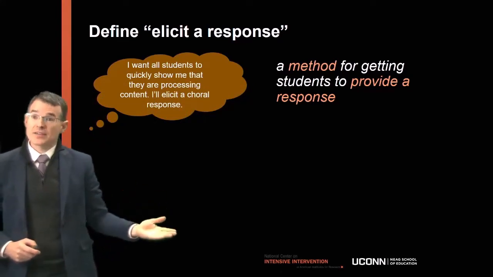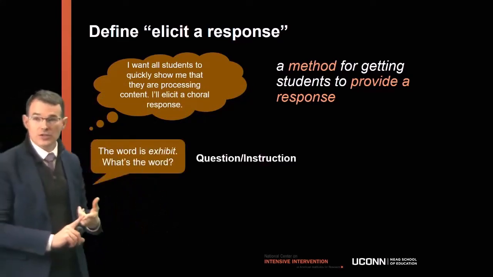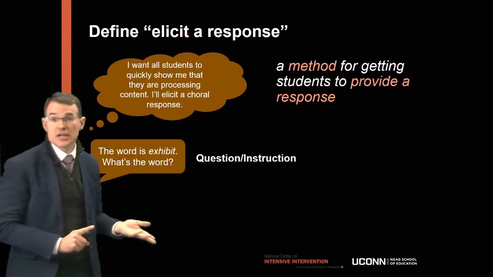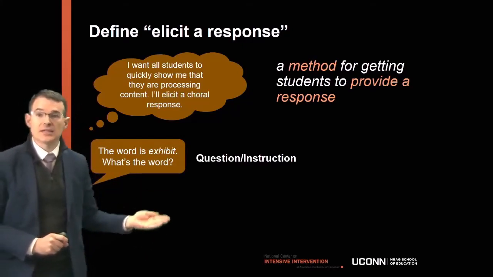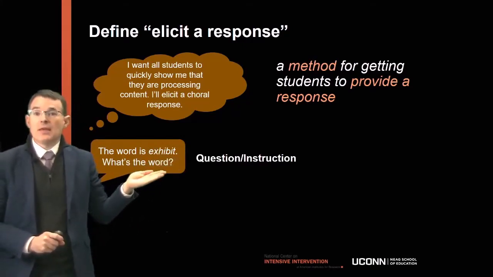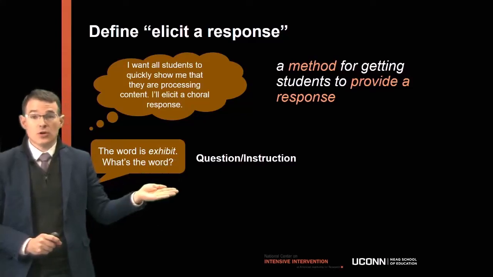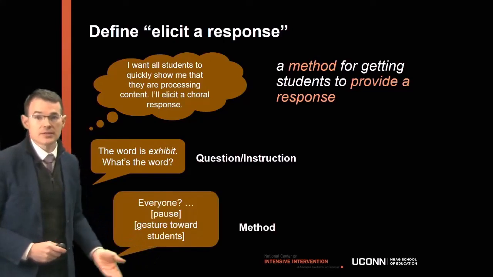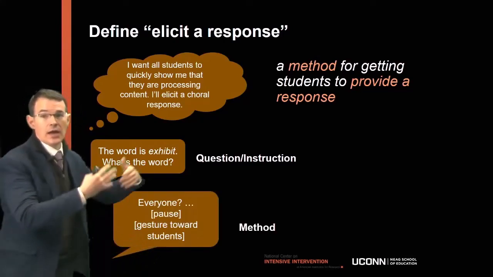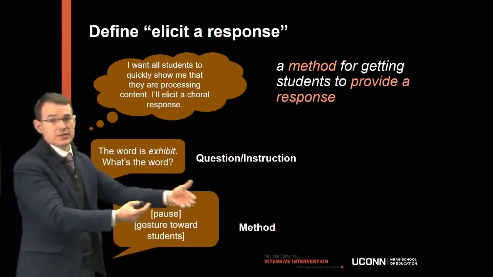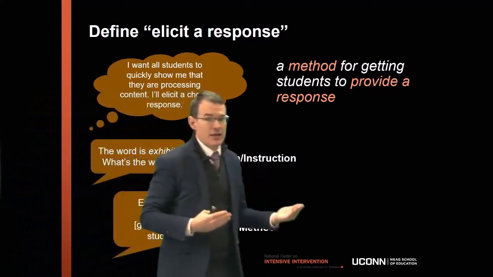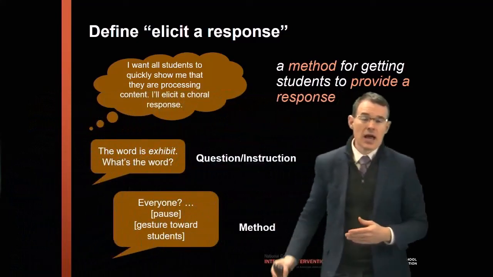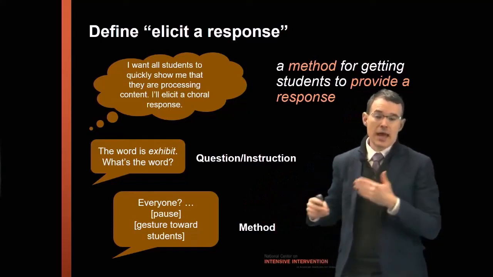So then I execute it. It begins with a question or some kind of instruction to tell students what to do. In this case, I say the word is exhibit, and I say the question is, what's the word? To make that happen so that the students actually give me the choral response, I say everyone, I pause, I gesture like this, and then it actually happens. And you saw a video of Dr. Anita Archer doing that earlier on.